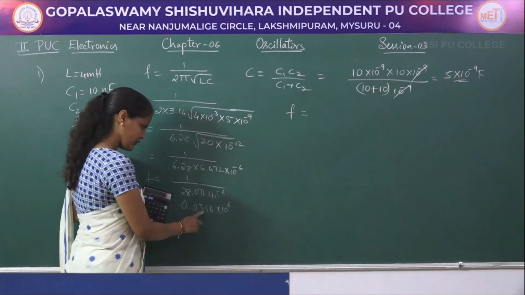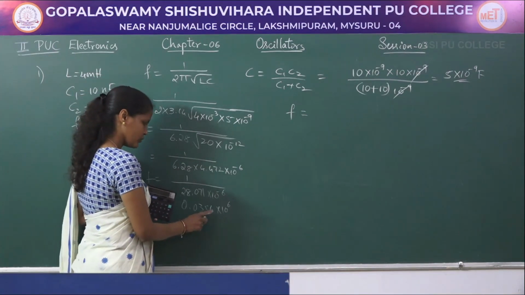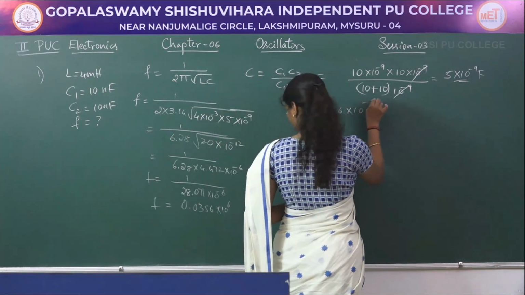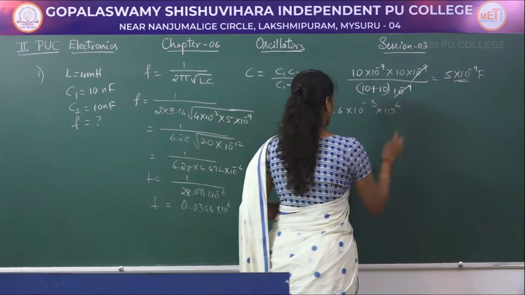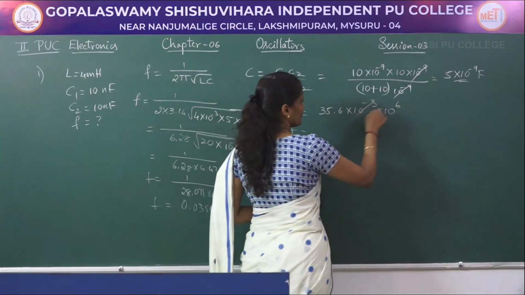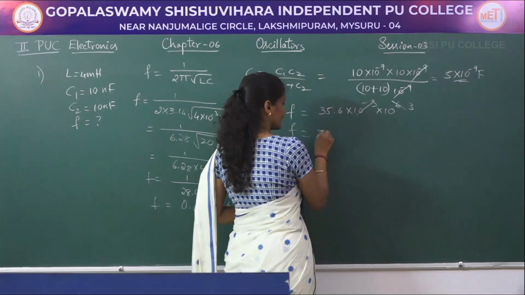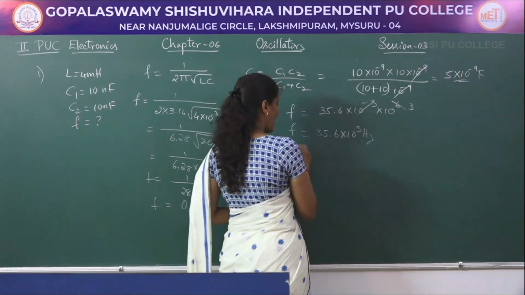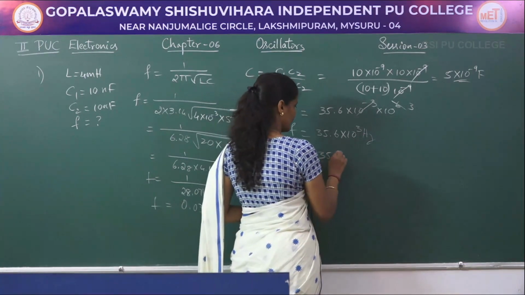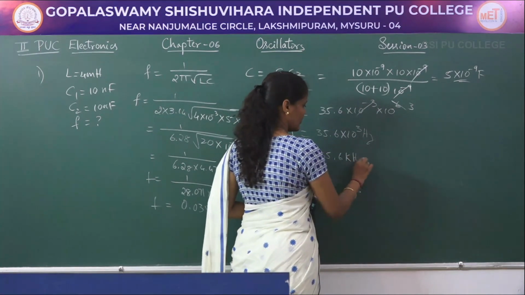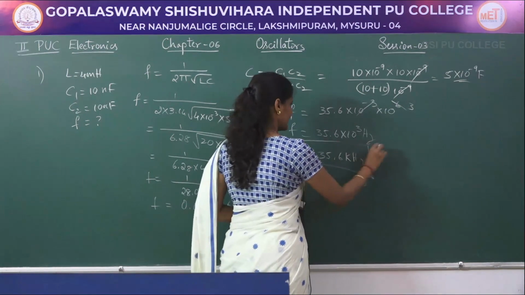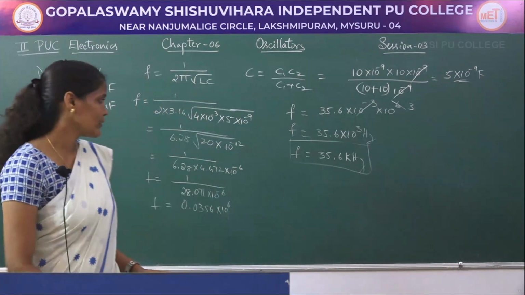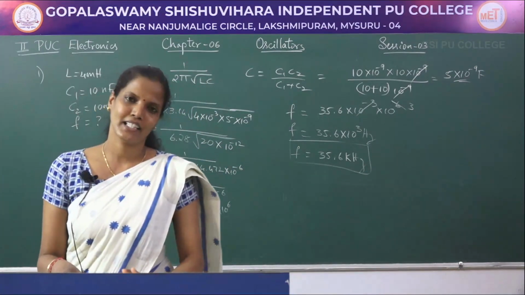If I shift these 3 points, 1, 2, 3, I will get 35.6 into 10 to the power of minus 3 into 10 to the power of 6. So f is equal to, this gets cancelled, so I will be left with 35.6 into 10 to the power of 3 hertz, or f is equal to 35.6 kilohertz. So this is the final answer for the frequency of this Colpitts oscillator, whose value is equal to 35.6 kilohertz, right?